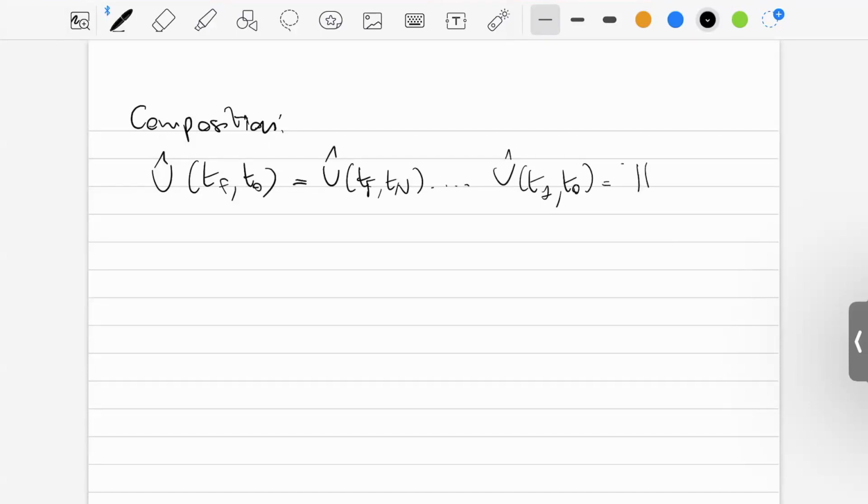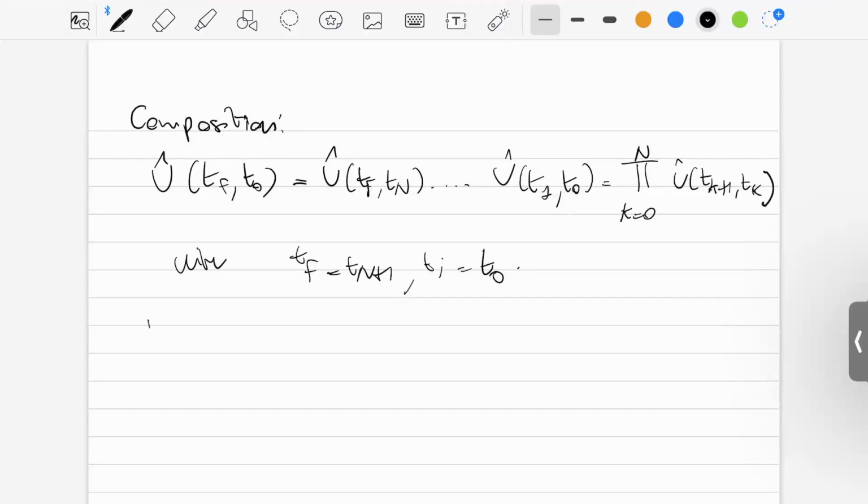This is just a product over k from 0 to n of U(t_{k+1}, t_k), with the identification that tf is equal to tn plus 1, the final time, and ti, the initial time, is just my t0.